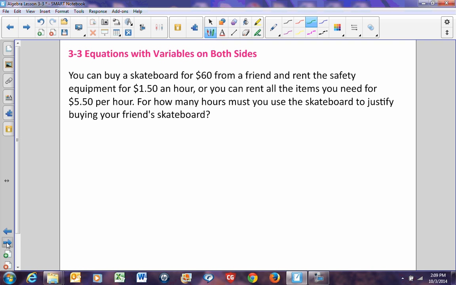So the first thing we need to do is define our variable. Our variable is normally defined based upon the question they're asking us, which is how many hours. So I'm going to let h equal the number of hours.